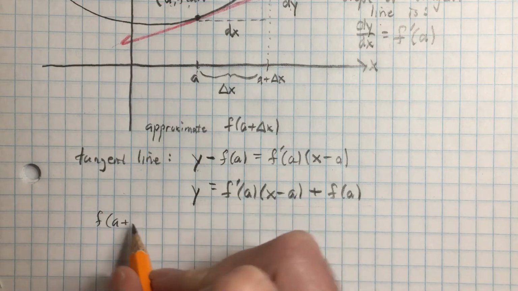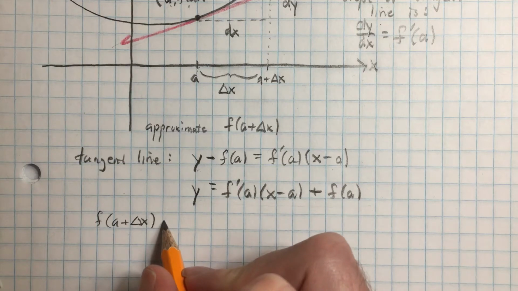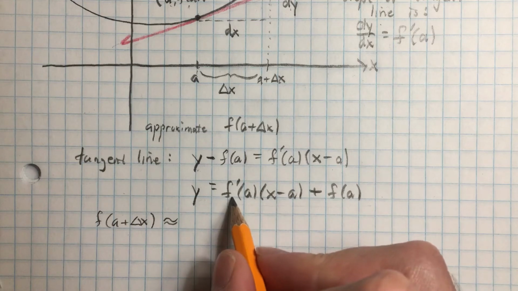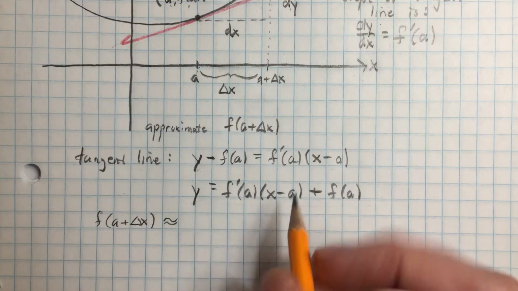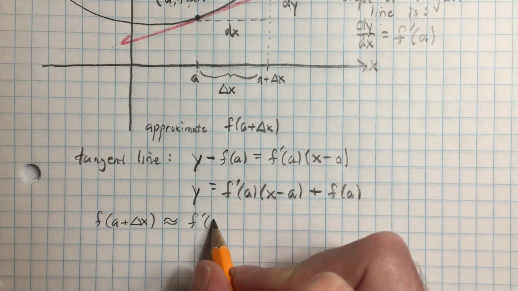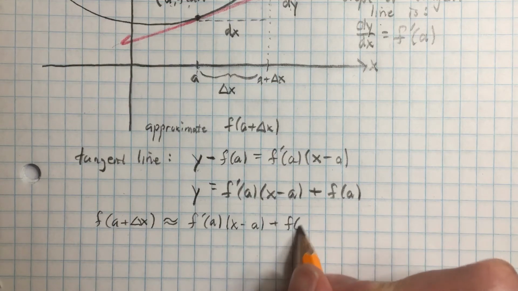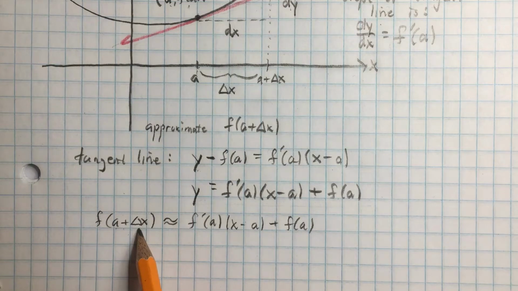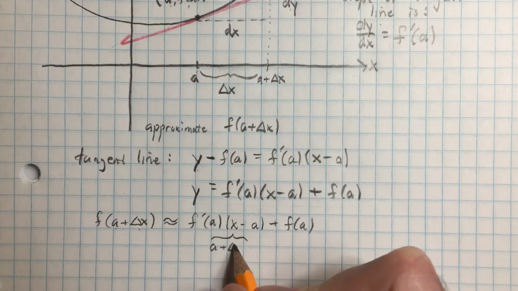F of a plus delta x can be approximated by this derivative, right, with x minus a plus the original function value, i.e. the tangent line, should have f prime a x minus a plus f of a, where instead of x here, I would have a plus delta x, right? So this value here is really a plus delta x at this point.